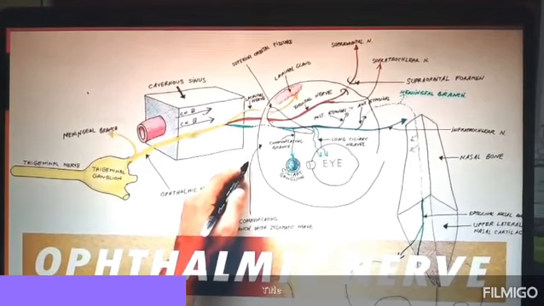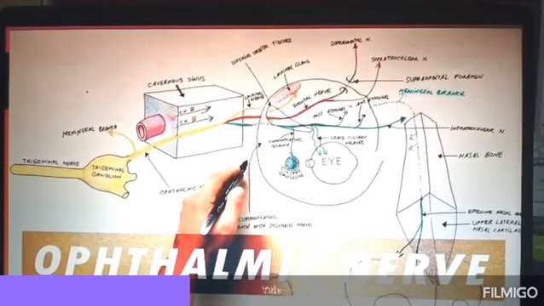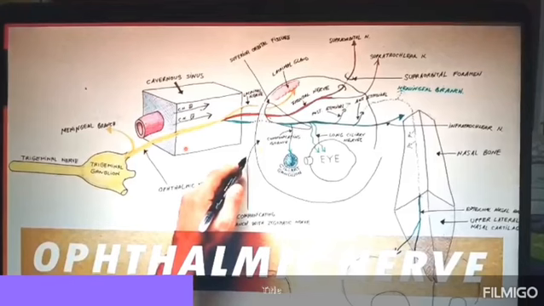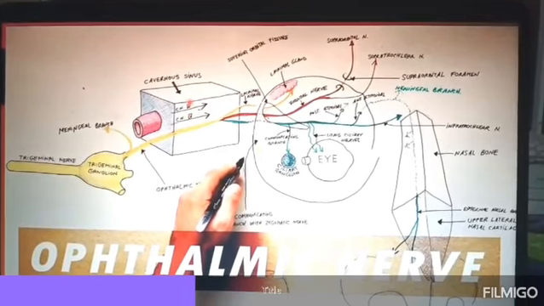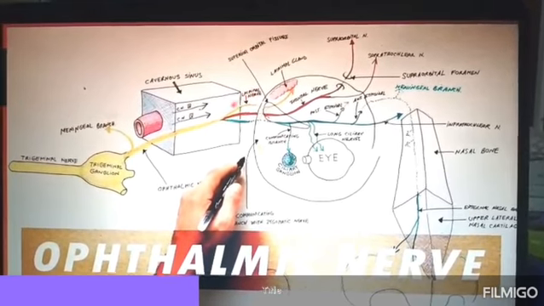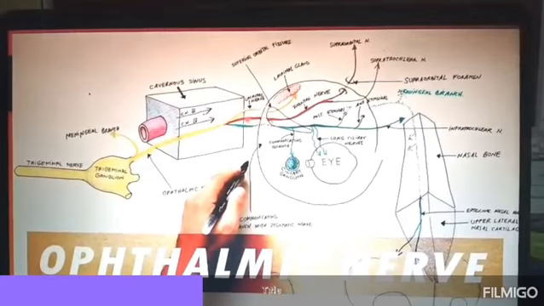Then it runs in the lateral wall of the cavernous sinus. Here it gives communicating branches to the third, fourth, and sixth cranial nerves, that is the oculomotor, trochlear, and abducens nerves. Then it divides into three main branches: lacrimal, frontal, and nasociliary.